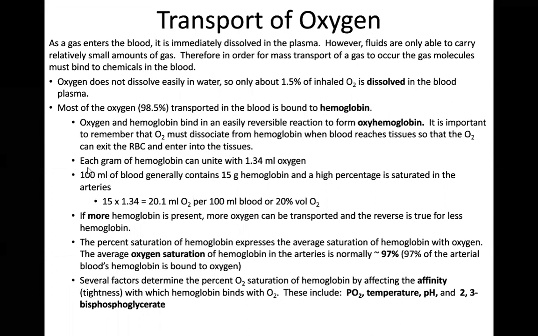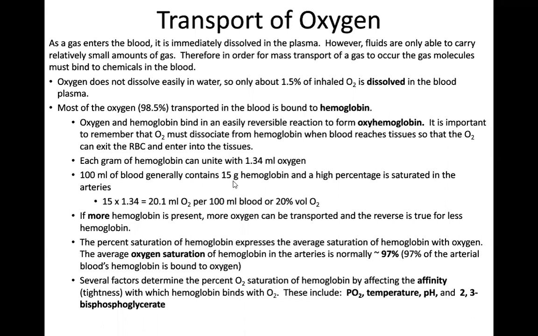If you take a 100 mL sample of blood, which is a pretty standard unit of measure when it comes to the blood, you're going to find that there's typically about 15 grams of hemoglobin, which means, and we just said 1 gram can unite with 1.34 mL, in that 100 mL of blood you take 15 grams times 1.34, which tells you you can have around 20 mL of oxygen in that 100 mL of blood, or you could say it's about 20% volume of oxygen in that sample of blood.